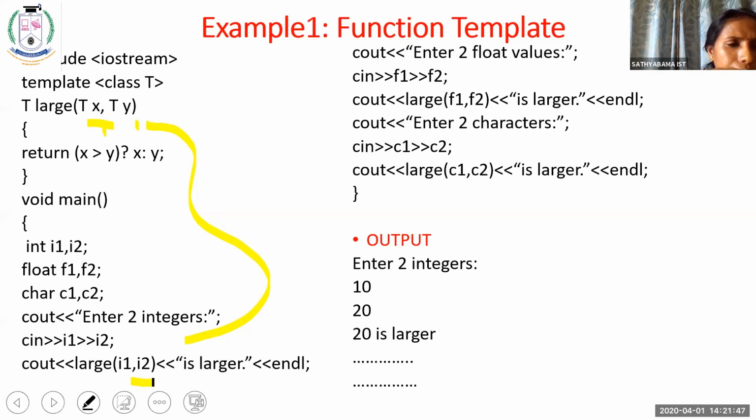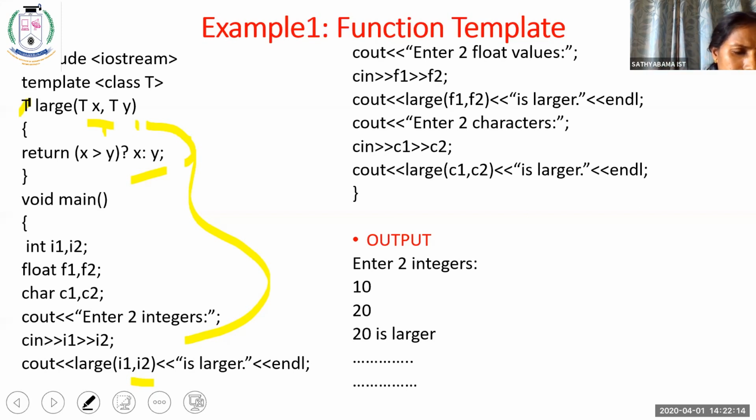So this T will act as an integer now. Once in the function definition, you compare whether X is greater or Y is greater. If X is greater, it is going to return the X value, otherwise it returns the Y value. So your return type is also integer. Yes, so this return type T will act as an integer right now.